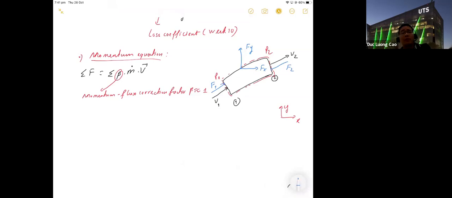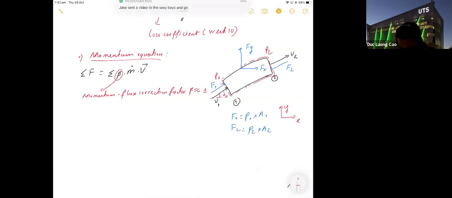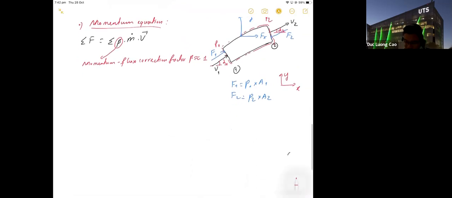Pressure force acts from the outside to the inside of the control volume, and is equal to pressure times area. F2 equals pressure P2 times area A2. For example, this angle is alpha 1, this angle is alpha 2.